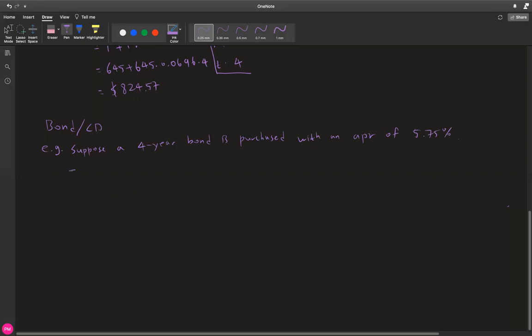And let's suppose that the face value of the bond is $8,500. So what's the purchase price of the bond? So you're trying to find the purchase price of the bond.